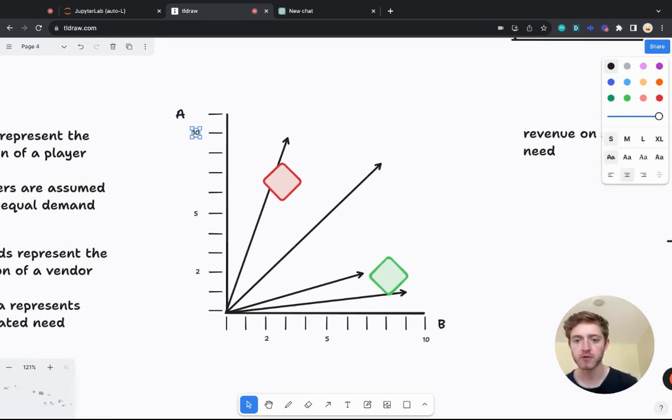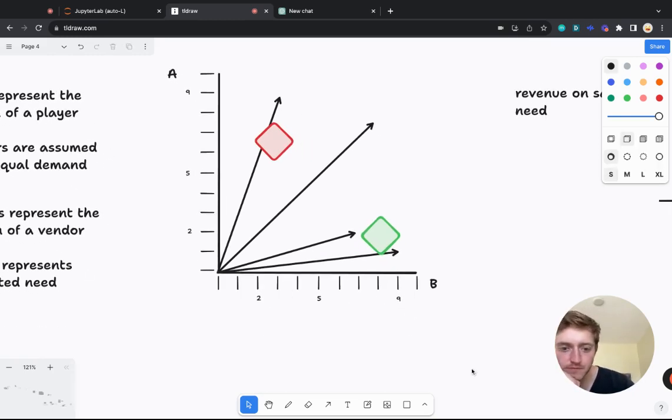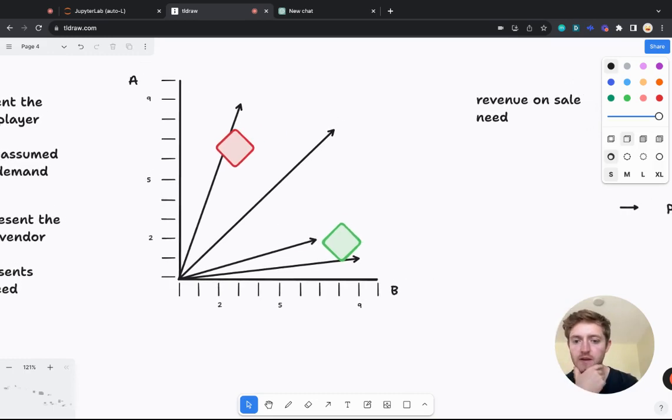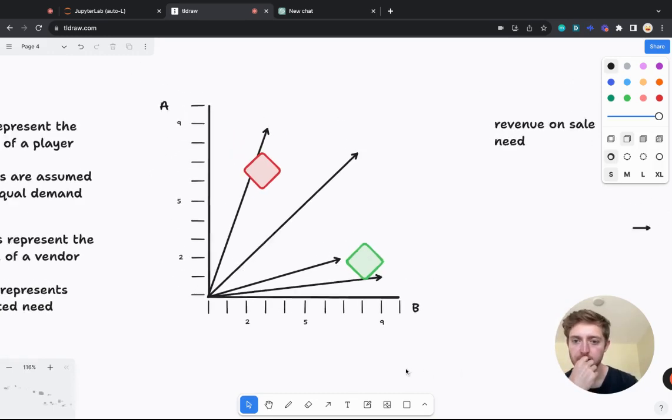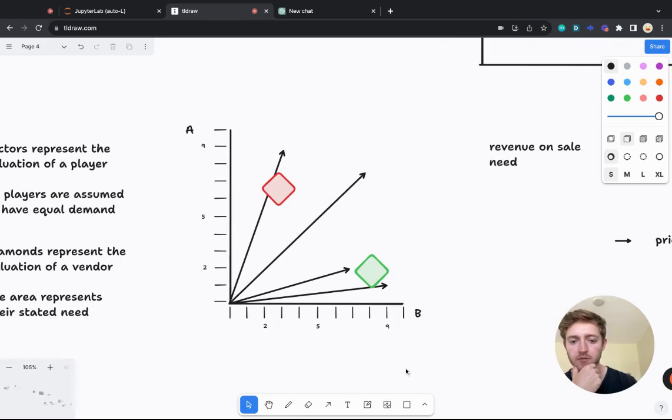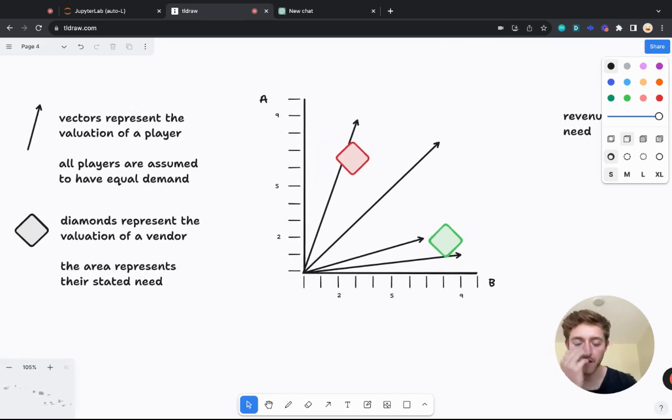Like, for example, this is more useful than knowing 10. Okay, so we have a kind of beautiful little graph here. Now what do we want to do?